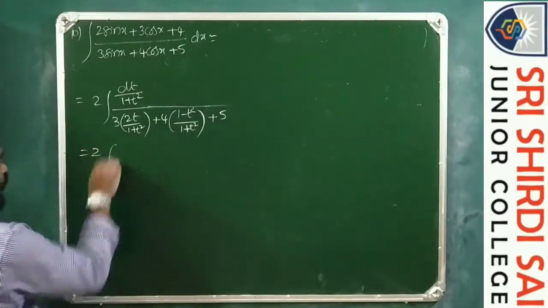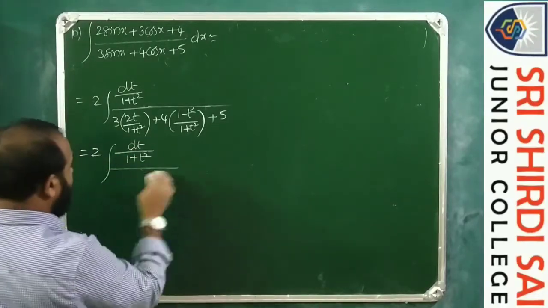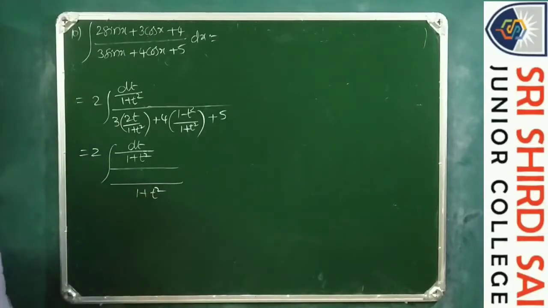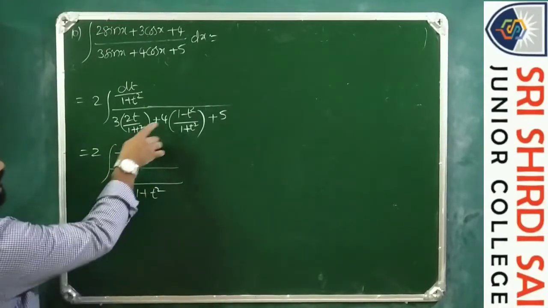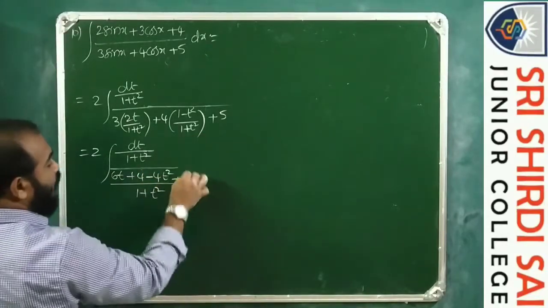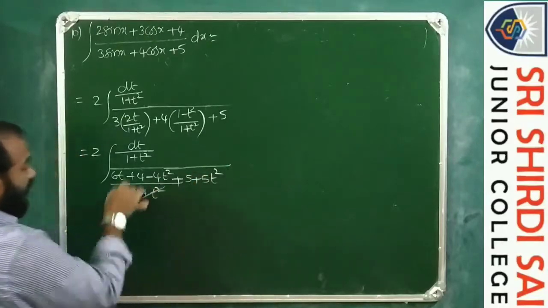This is equals to 2 into dt by 1 plus t square. Here 1 plus t square is the LCM. Then 3 into 2t is 6t, plus 4 minus 4t square, plus 5 into 1 plus t square is 5 plus 5t square. These two get cancelled.